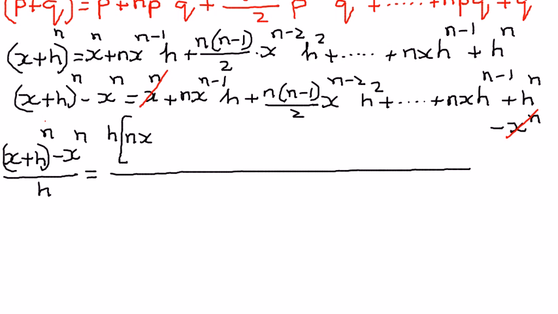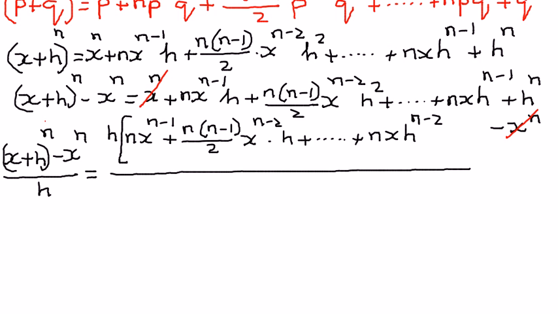n x to the power of n minus 1, that is the first term, plus n times n minus 1 divided by 2 x to the power of n minus 2 times h, plus, and then we have several terms in there, I'm going to put dotted lines, plus n x times h to the power of n minus 2, because we have h to the power of n minus 1 when we pull out h common, so it goes to h to the power of n minus 2, plus h to the power of n minus 1.